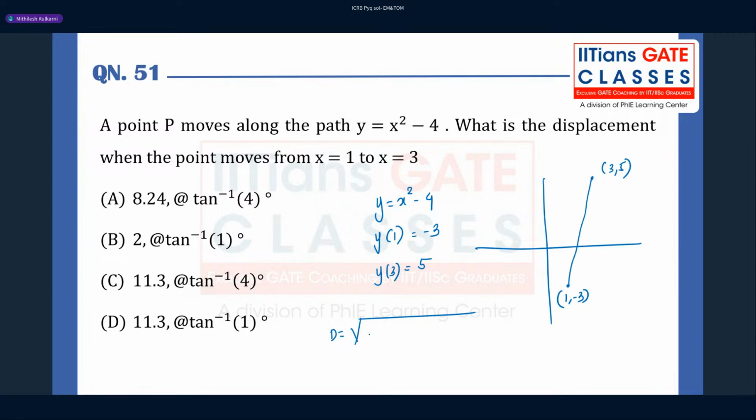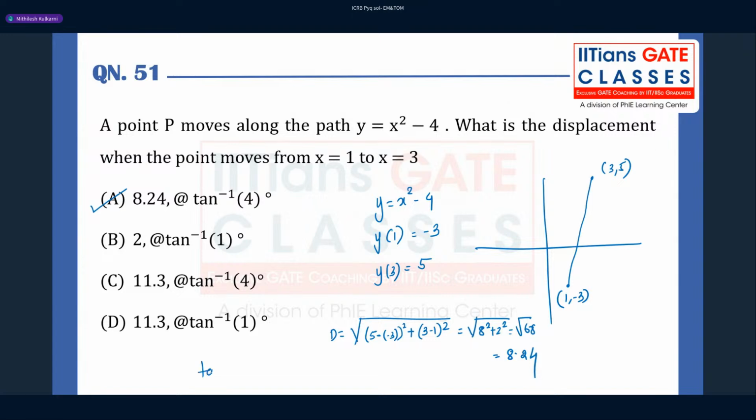So 5 minus of minus 3 whole square plus 3 minus 1 whole square. So we will end up with the under root of 8 square plus 2 square, which is under root of 68, is 8.24. You can clearly take option A here.